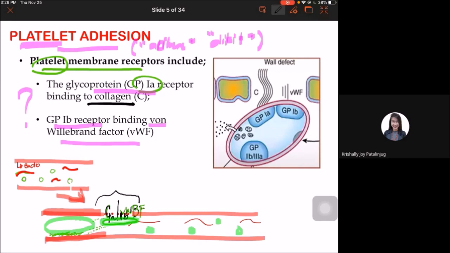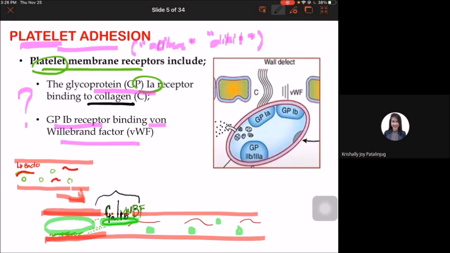Taken all together, glycoprotein 1A and glycoprotein 1B, these are the receptors expressed by the platelets. And then responsible sila for binding, for pag-adhere ng platelet to the endothelial injury. So yan yung importance ng platelet membrane receptors.